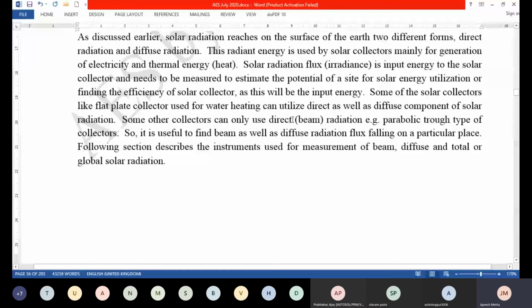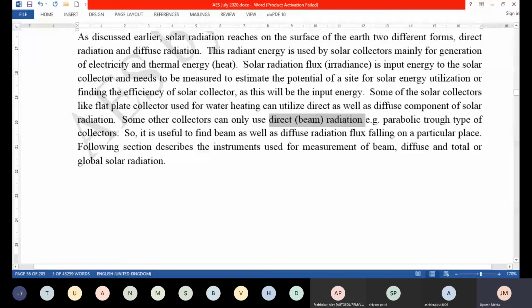And as you know, there are two components of the solar radiation. One component is the one which is traveling in a straight line and directly reaching the surface of the earth, which is called the direct radiation or beam radiation. And the other component is the one coming from the whole hemisphere of the sky, right?